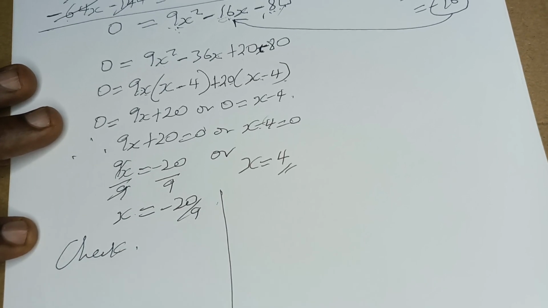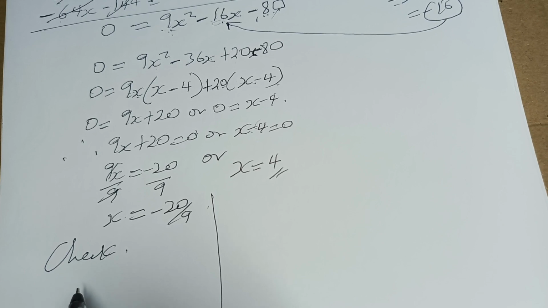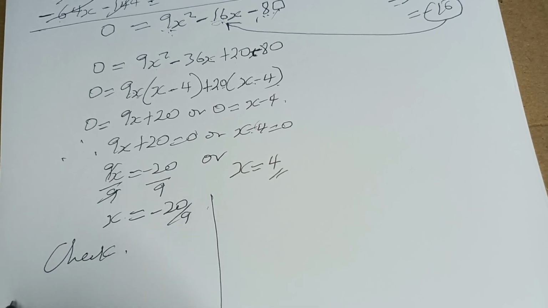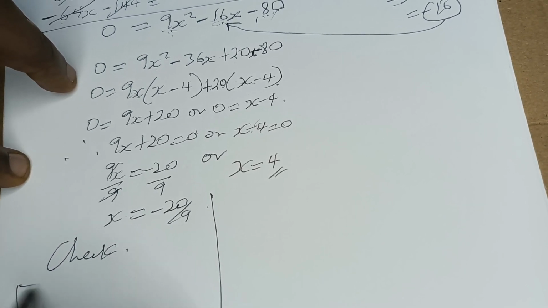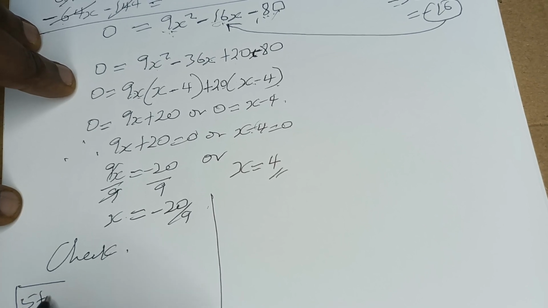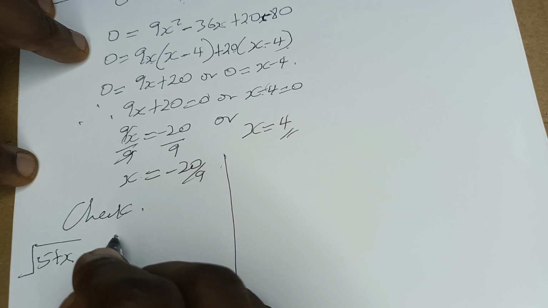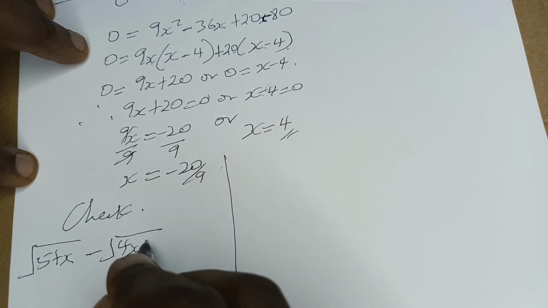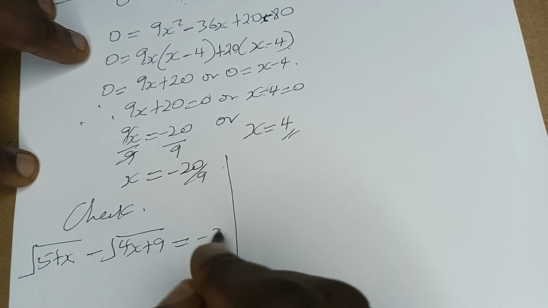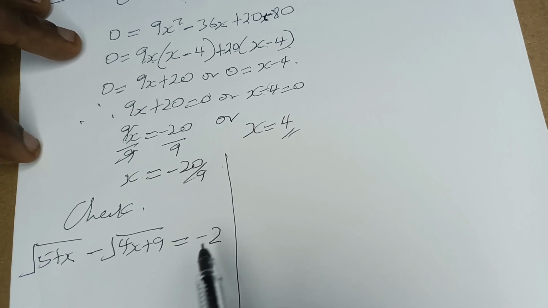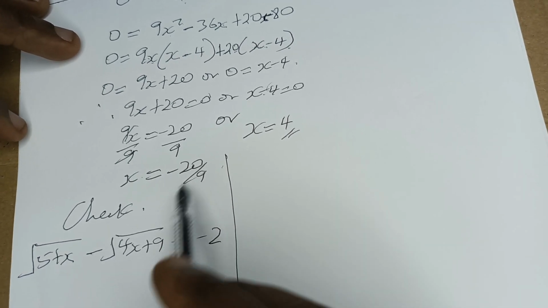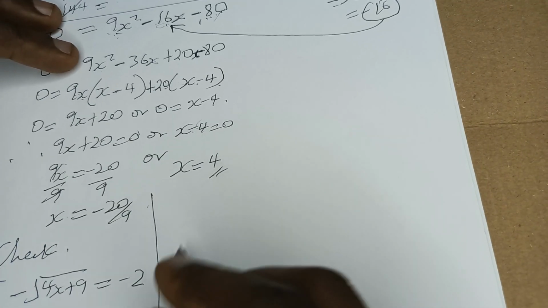Check. So our question initially is root of 5 plus x minus root of 4x plus 9 is equal to minus 2. By substitution, let's do this also.